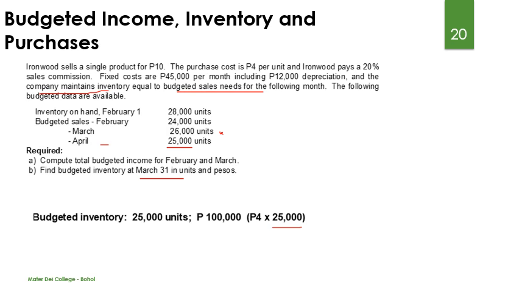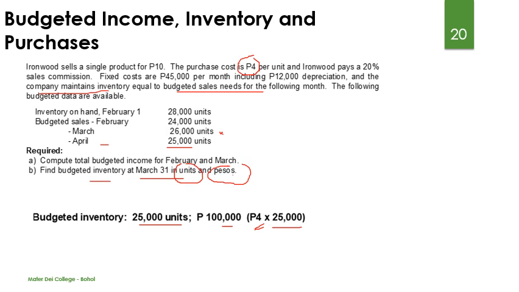Since we're talking about the inventory in units and in pesos. So the answer for the units is 25,000 units, and for the peso, we multiply it by 4. Why is it multiplied by 4? Because we need to get the costing. Okay, so that's 4 pesos times 25,000, that's 100,000.